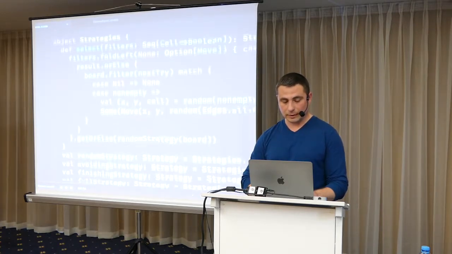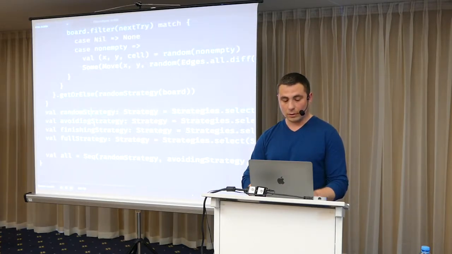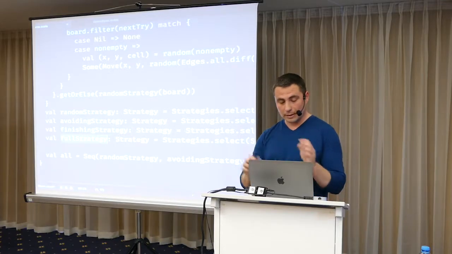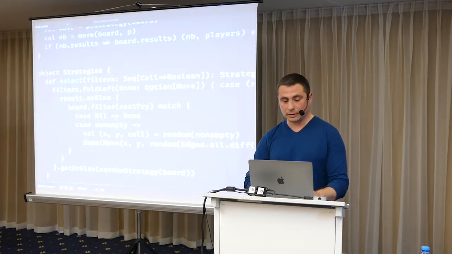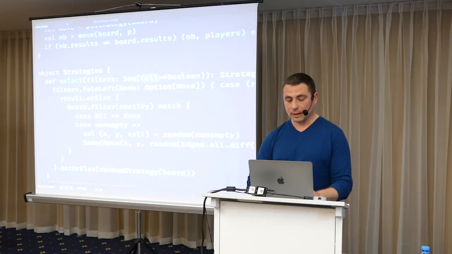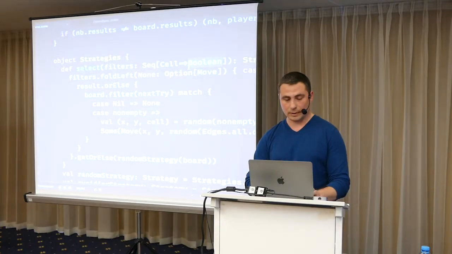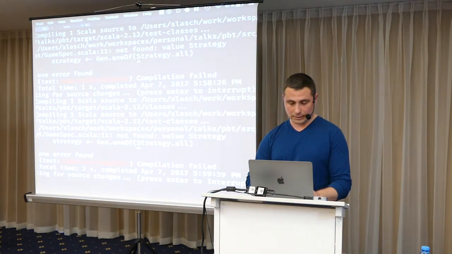And there are different of them, like random strategy, which chooses any cell, or strategy which avoids placing the third edge, or strategy which always closes cells, or full strategy which combines them. So that's basically all of them. They're quite primitive. They just take a cell and say if it's okay to take this cell for the move or not. So let's look at our tests.